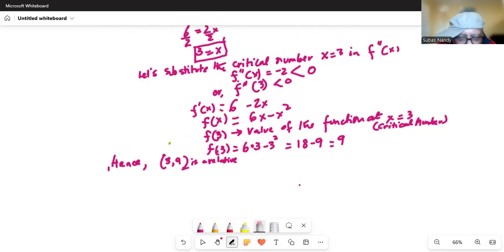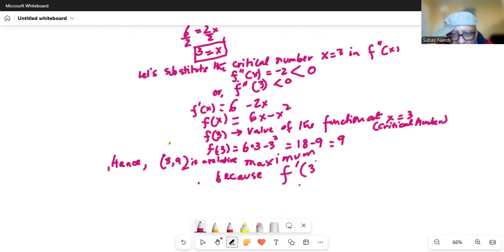And the main reason is because f prime 3 is equal to 0, and f double prime 3 is less than 0.